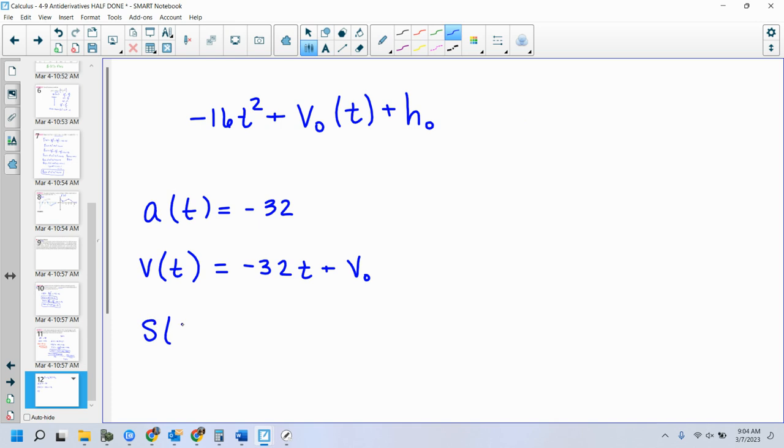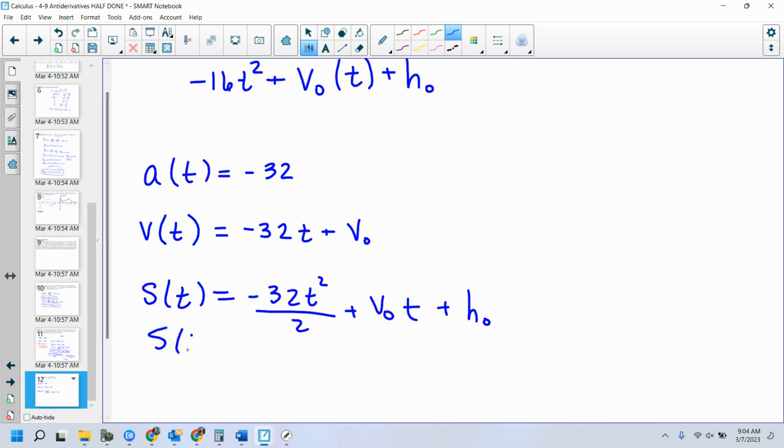Now position, keep going with the antiderivatives. Oops, sorry, negative 32, I flipped my t and my 2. t squared over 2 plus v naught t plus d, but we know d is our initial height, h naught. Okay, just simplifying that down.